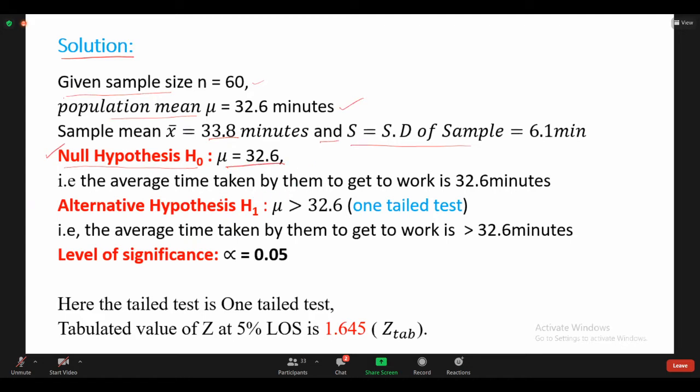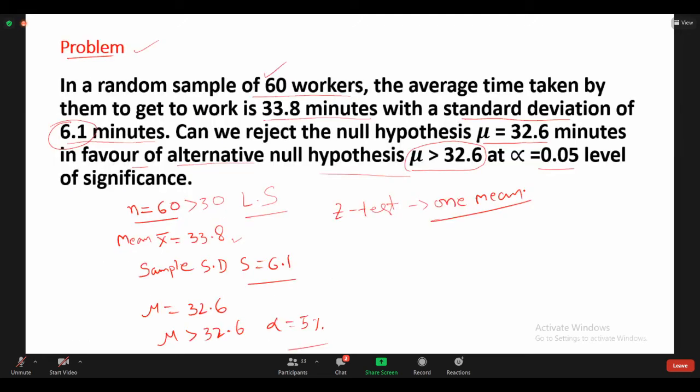That means the average time. What is the meaning of this? The average time taken by them to get to work is 32.6 minutes. See that question: in a random sample of 60 workers, the average time taken by them to get to work is 33.8 minutes.